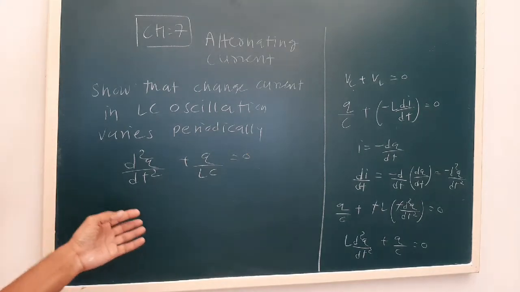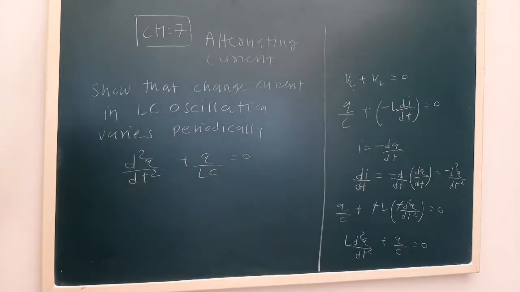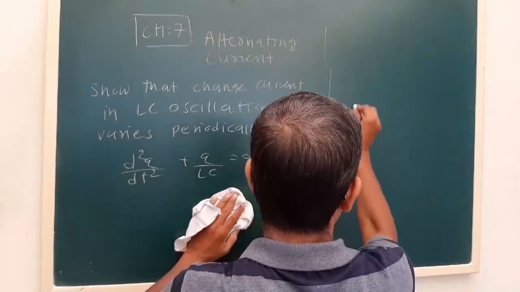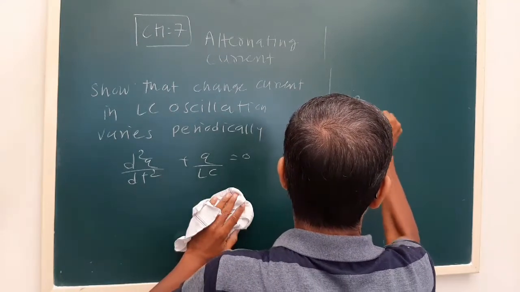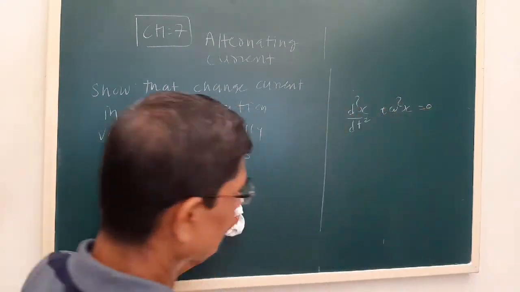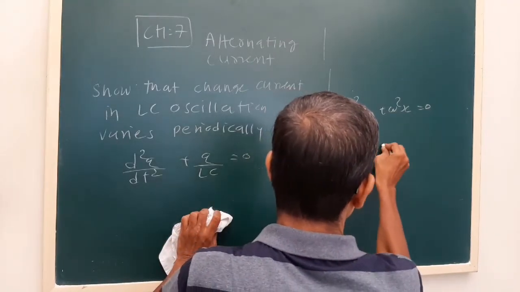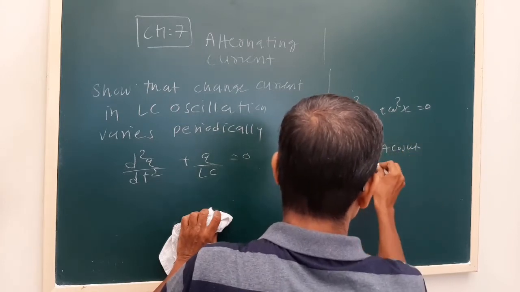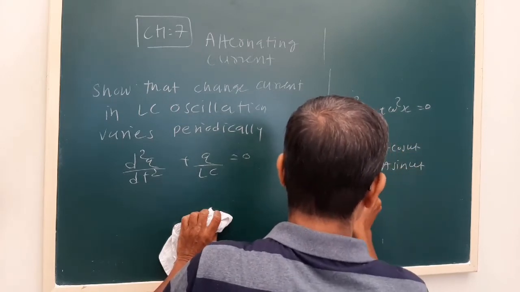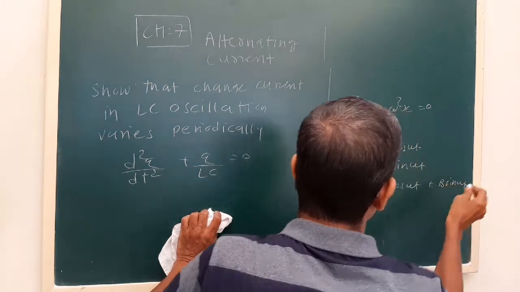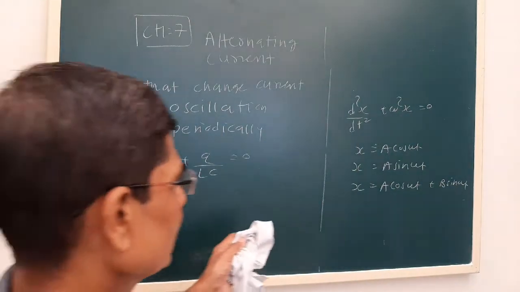Now see the solution of the second order differential equation. We have studied in oscillations earlier in the 11th standard that if the differential equation is of this form, d square x by dt square plus k x is 0, then its probable solutions can be x is equal to a cos omega t, x is equal to a sin omega t, or x is equal to a cos omega t plus b sin omega t. These are the possible solutions of such a differential equation.